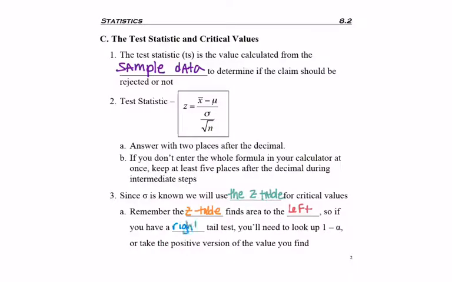So if we have a right tail test, then our table would give us the area in the opposite direction, and we would need to adjust it. We would need to find 1 minus alpha to go into the table first, or if we just looked up alpha, we're going to end up getting a negative critical value, but for right tail tests, we would want the positive number, and you'll see all that worked out.